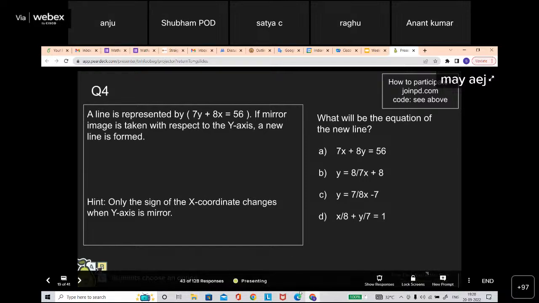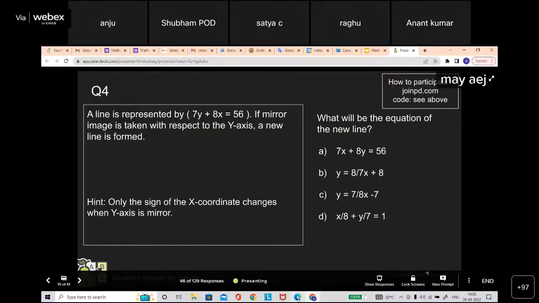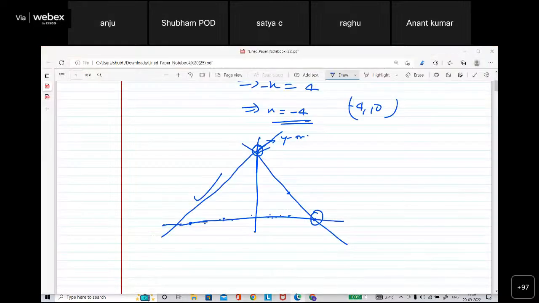So have remain, let me give the idea. So the idea is you have already, from the equation, you will get this point and this point. I just said the x coordinate will change, only the sign will change. So if it is here, then change the sign of this point and you will get it here. So you got the coordinates of this point, and you already have the coordinates for this point.